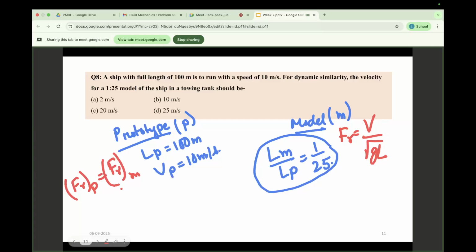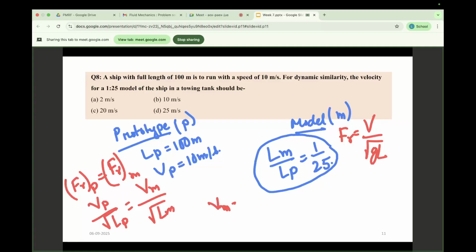If both of these are the same, then I can write Vp by root G Lp equals Vm by root G Lm, right? So you are asked to find Vm.